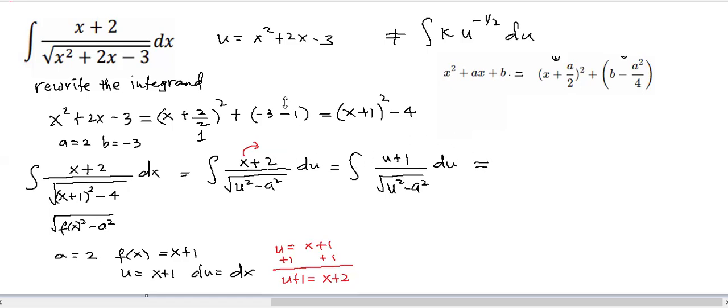So, ang gagawin natin dito, hahatiin natin. So, common denominator. So, hatiin natin dyan. So, this is the integral u over square root of u square minus a square plus 1 over square root of u square minus a square quantity du.